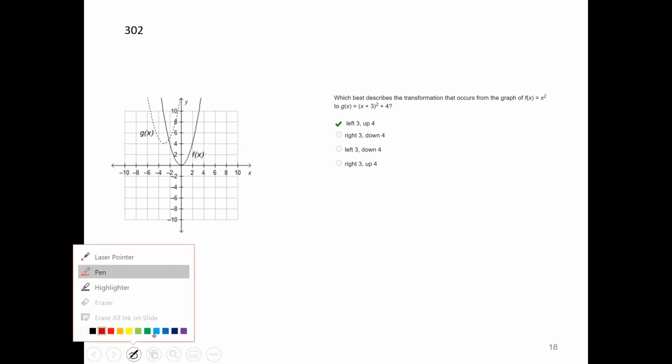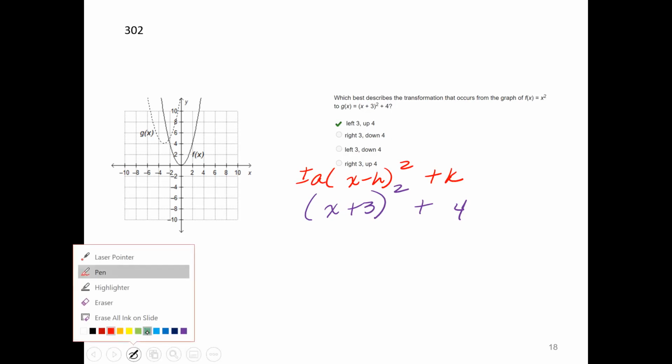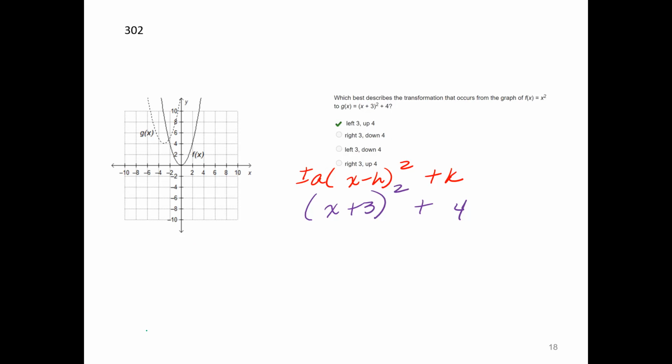Okay, so we're gonna do this, okay? You're gonna have x plus 3 squared plus 4. And that's aligned with plus or minus a, x minus h squared plus k. So write those two things down that tell you which one tells you to go up, which one tells you to go down, etc.